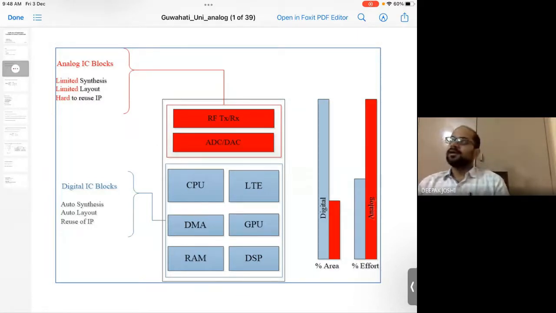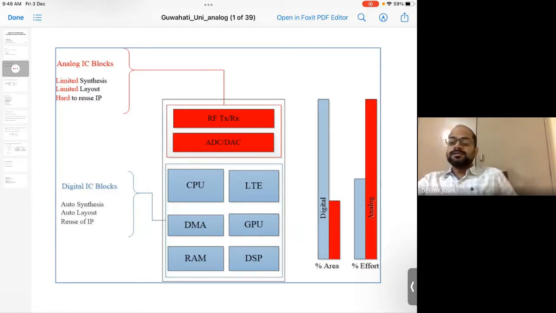Just take the example of an amplifier. In the initial stages of the receiver, a low noise amplifier will be there. That same low noise amplifier cannot be used at the later stages because the gain will be smaller, but it is required at the earlier stage because we have to reduce the noise from the signal being received from the transmitter.